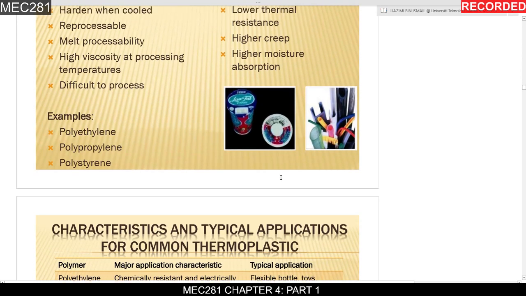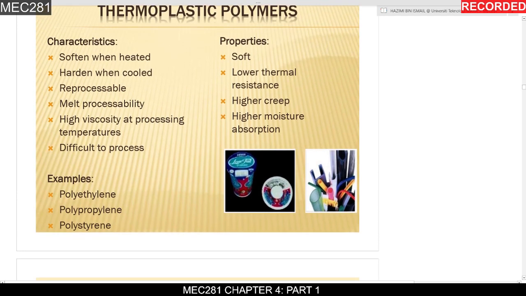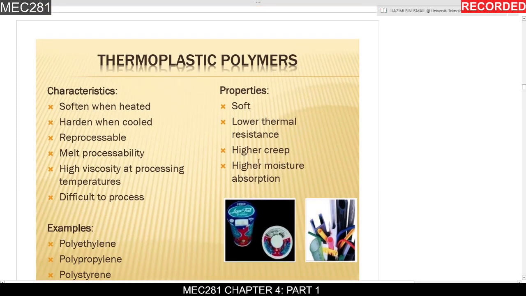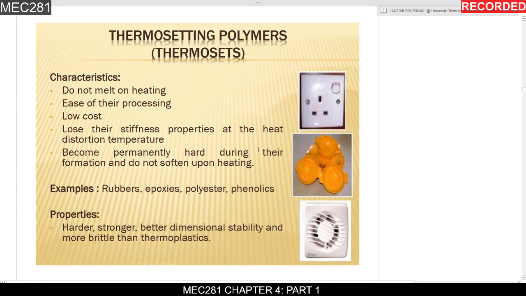Sebab dia lembut, and then dia melt, dia cair bila dipanaskan. Okay, jadi awak nampak perbezaan dia. Yang keras-keras, kita jumpa plastik keras macam kita punya plug, kita punya pinggan mangkuk, kita punya kipas, and so on. Okay, that one is the thermoset polymers, thermoset plastic.